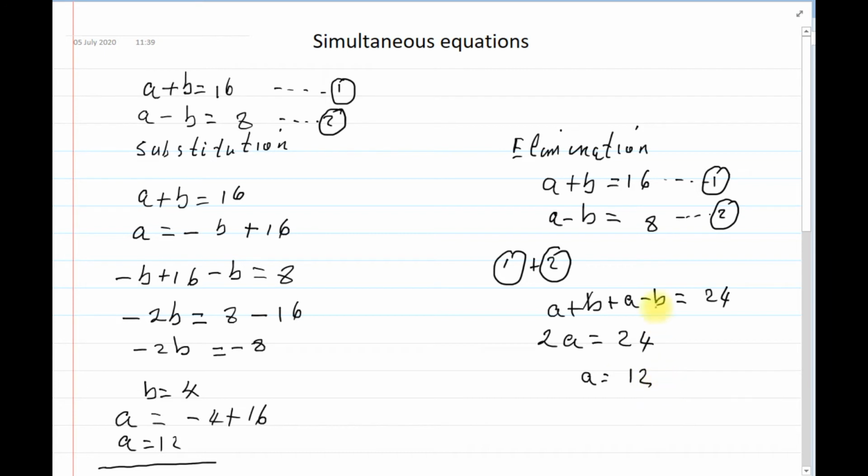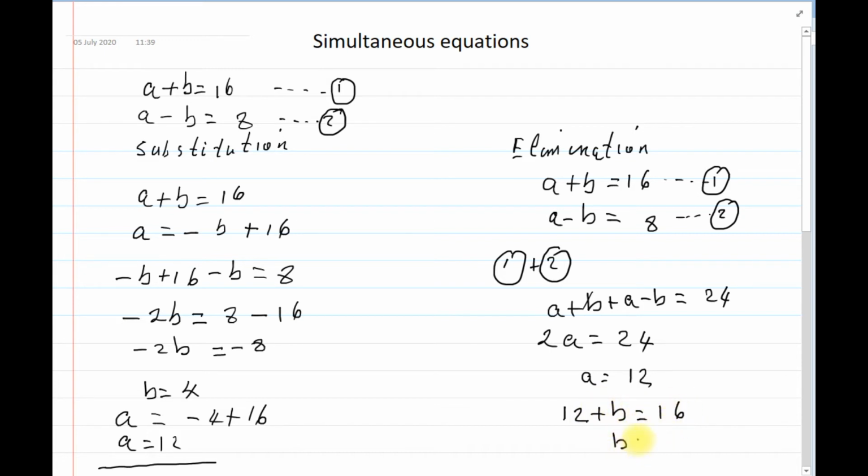Once we have a value for a, we can substitute a in either of the two expressions 1 and 2, and we'll find b. So if I substitute a equals 12 into the top equation, I get 12 plus b is equal to 16.